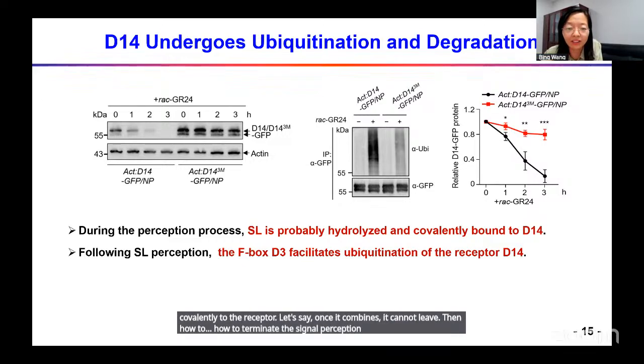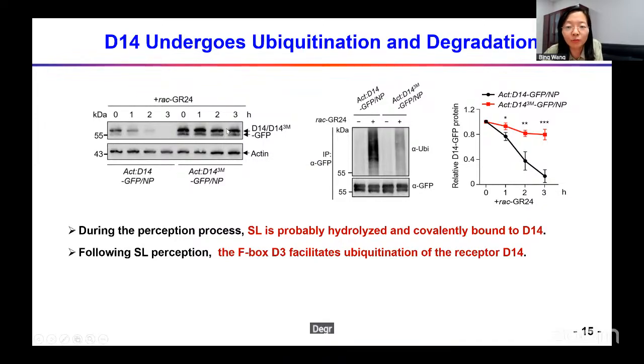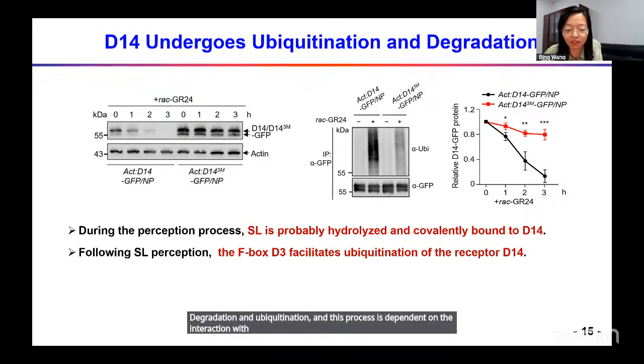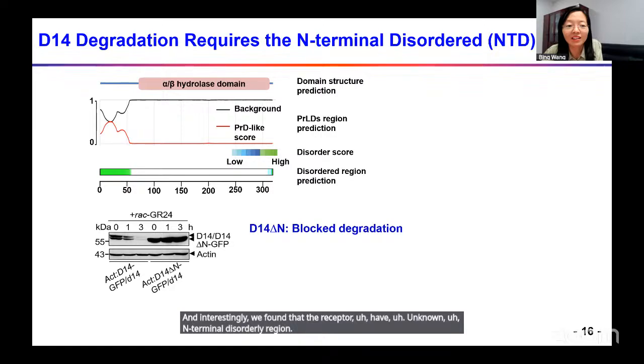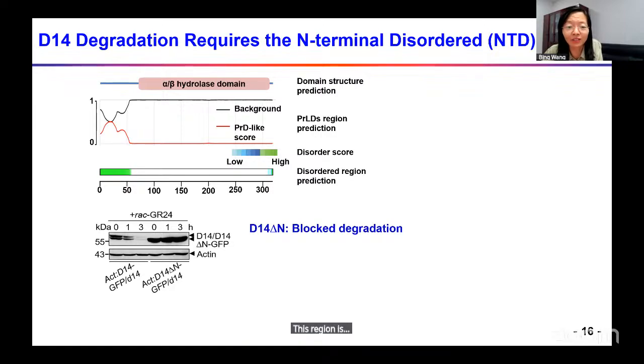We found that the receptor can undergo degradation and ubiquitination, and this process is dependent on the interaction with the F-box D3. And interestingly, we found that the receptor has an unknown N-terminal disordered region. This region is required for its degradation. If we delete this region, the receptor cannot be degraded.